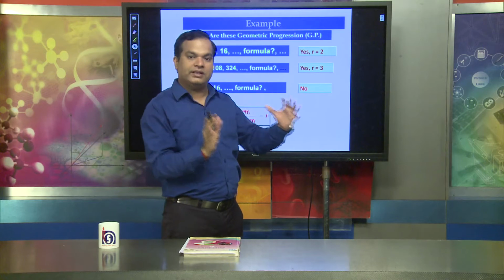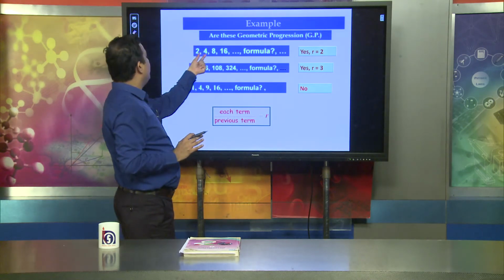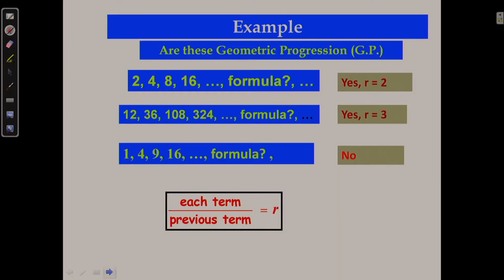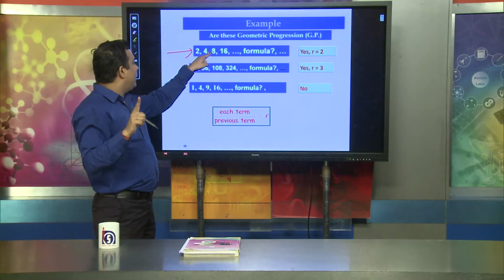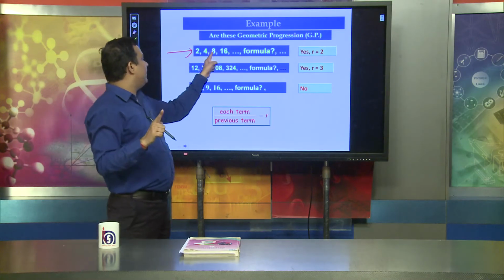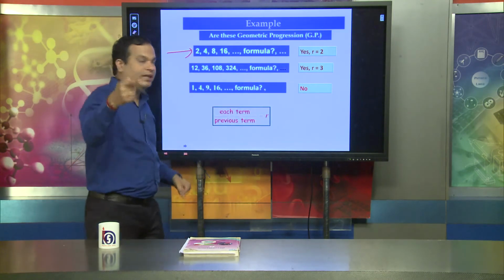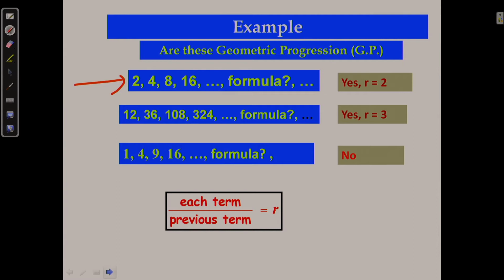Let us observe 2, 4, 8, 16. 4 by 2 is 2, 8 by 4 is 2, 16 by 8 is 2. In all cases the common ratio R equals 2.